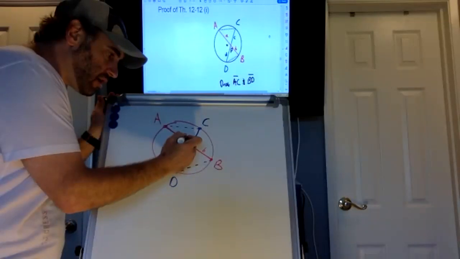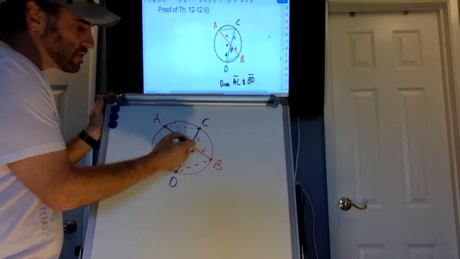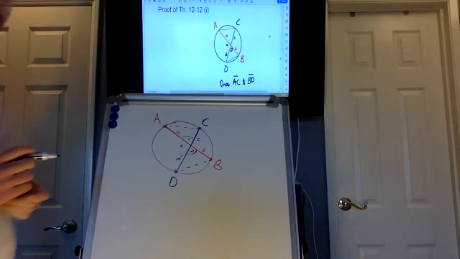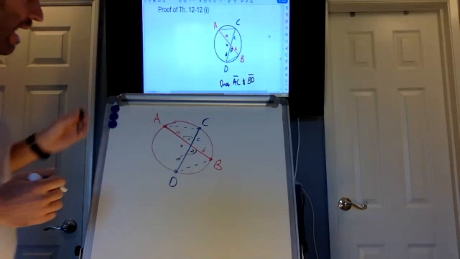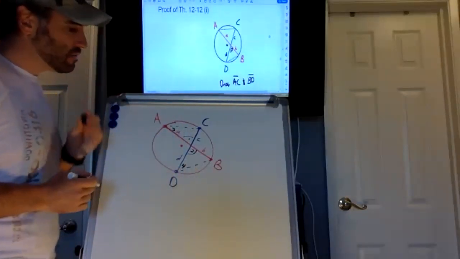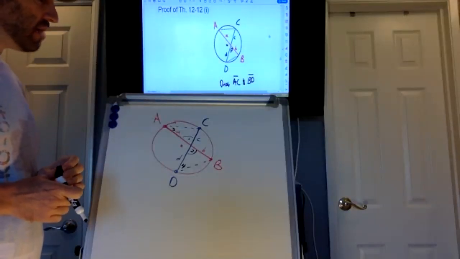This angle here, we'll call this angle 1, 2. Angles 1 and 2 are congruent by the vertical angles theorem, right? Now let's take a look at angles 3 and 4. Are they congruent? Yes. Why would they be congruent?